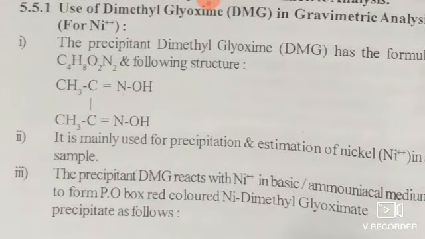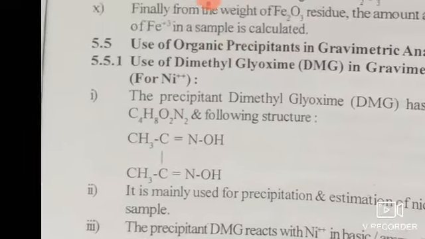The precipitant DMG reacts with Ni+2 in a basic or ammoniacal medium to form the red-colored nickel dimethylglyoxime precipitate as follows. Let's see what the reaction is.